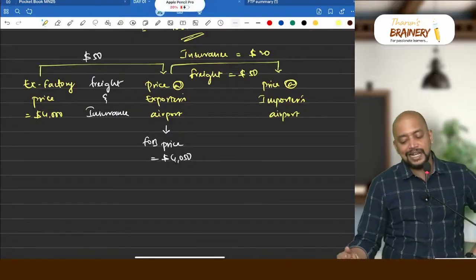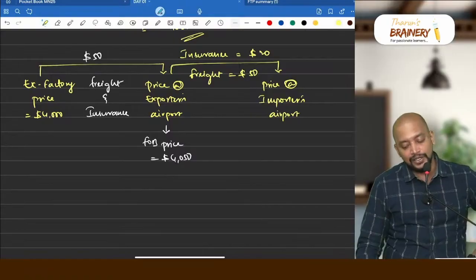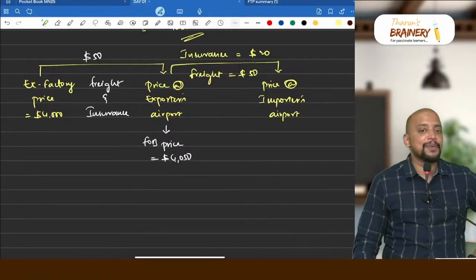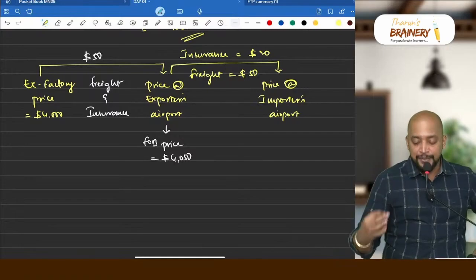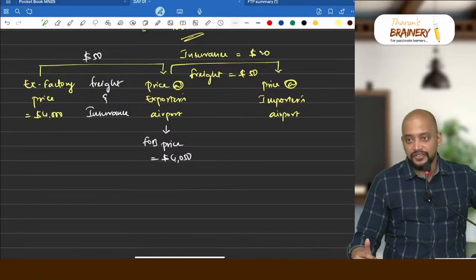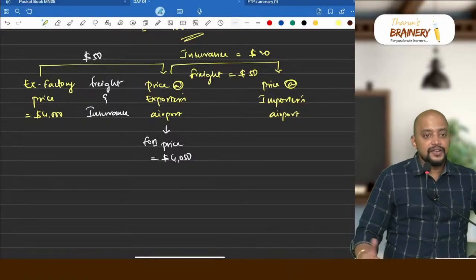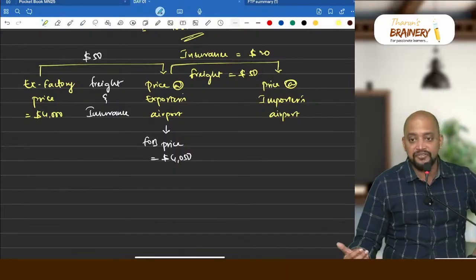Now what should be taken in this case? Now we need to compare. What is that comparison that we need to make? Actual or 20% of FOB, whichever is lower. So what are the actuals? 50 is the wrong answer. 50 cannot be taken as the freight.